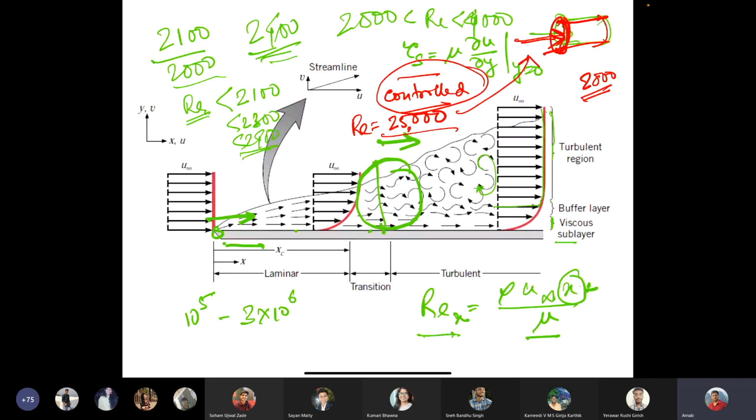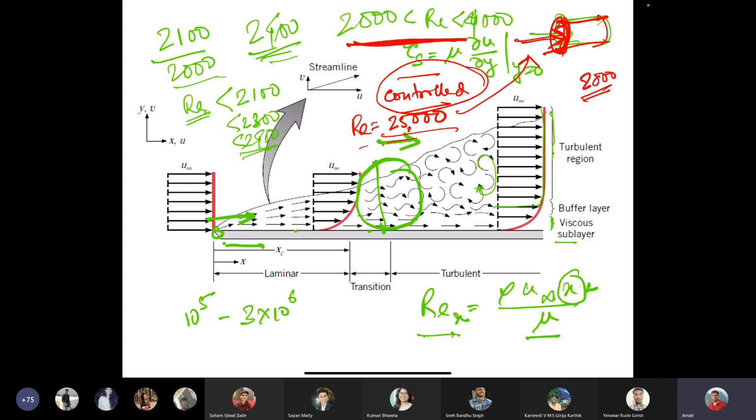But it's an ideal condition. They do the experiment and tell you the number. Similarly, in real conditions, beyond these values the flow will be turbulent. But if you control the experiments with several considerations, you can still achieve Reynolds number up to 25,000 in a pipe flow in laminar condition. But that is very rare.